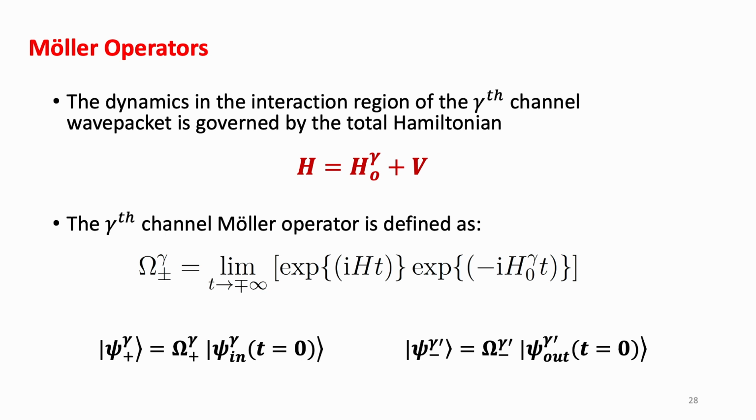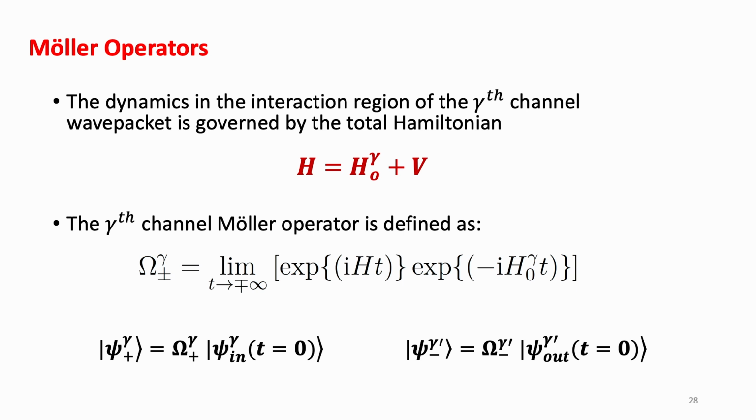Now, with this formalism, you have to define the Møller operators, and you can see clearly the plus sign goes with the reactant, forward in time. The minus sign is for the product, backward in time. These are the operators for the asymptotic Hamiltonian plus the full Hamiltonian, and then you define 2 Møller states.